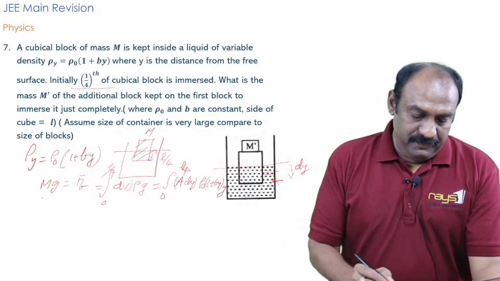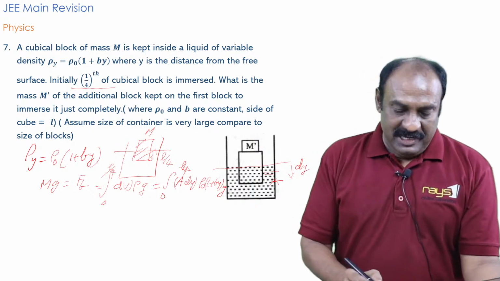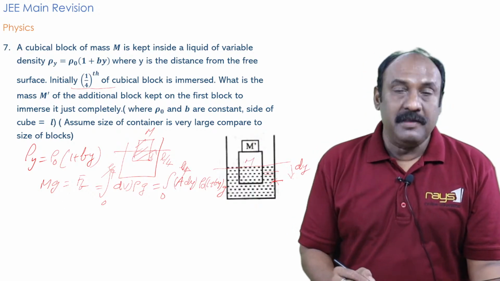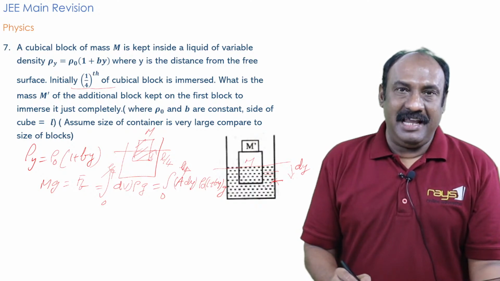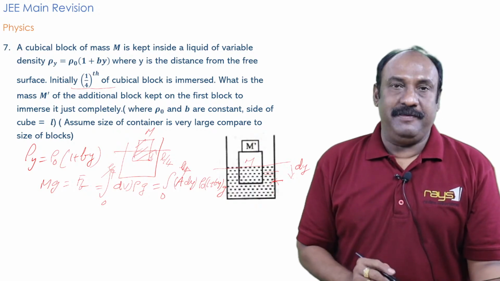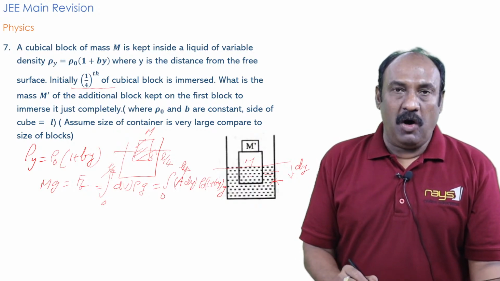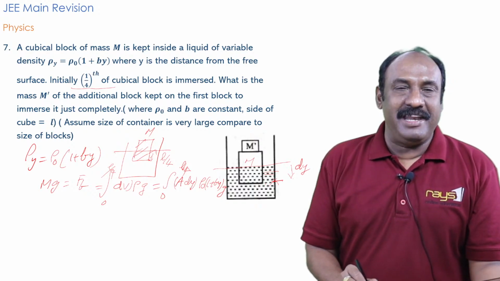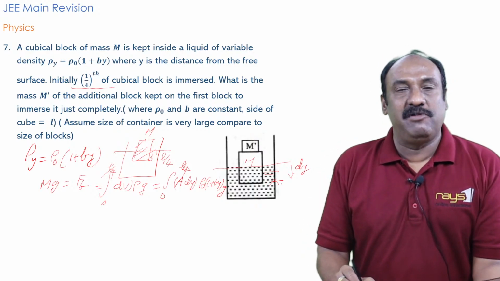This is the balance equation when we consider only the one block of mass M immersed in a liquid such that 1/4 of its length is inside the liquid. At that time, the weight of this block was balanced by the buoyant force. That buoyant force is variable because the liquid has variable density.